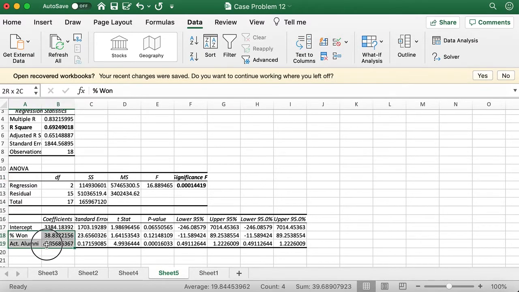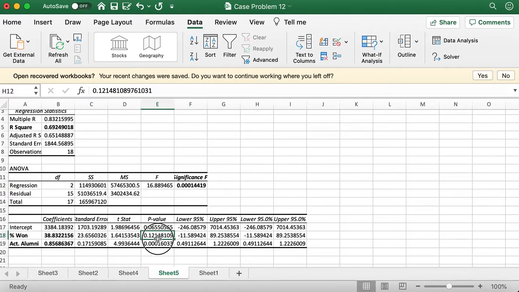Now, looking at our two variables, the percentage of games won and the active alumni: if you have a 1 percentage point increase in the percent of games won, you would have a $38.83 increase in sales. For active alumni, if you have a 1 person increase in the number of active alumni, you have an 85-cent increase in the amount of sales for that season.